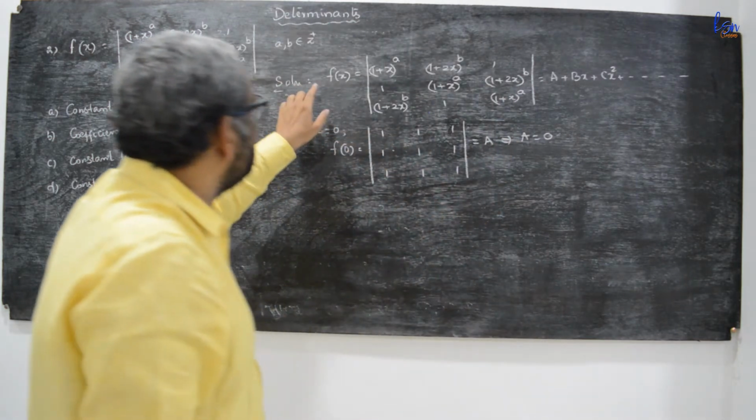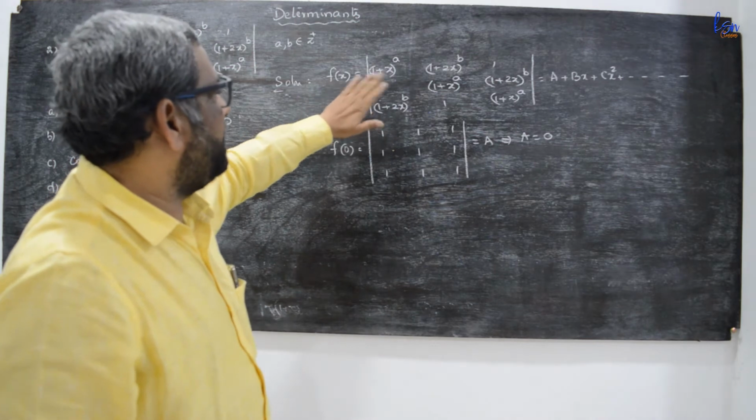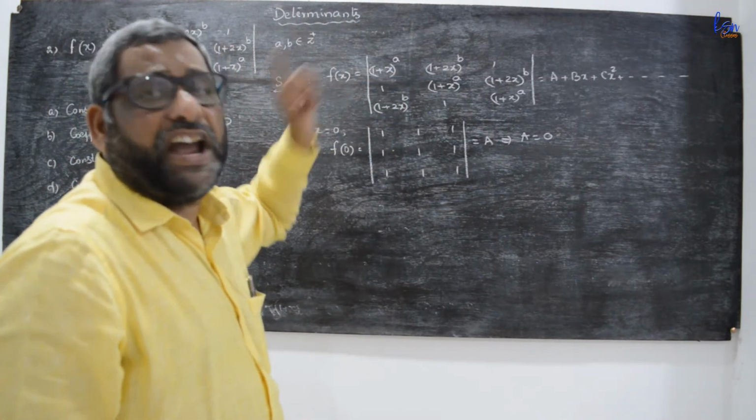Therefore whenever you want to get the coefficient of x in the polynomial given in terms of the determinant, you can consider f dash 0.